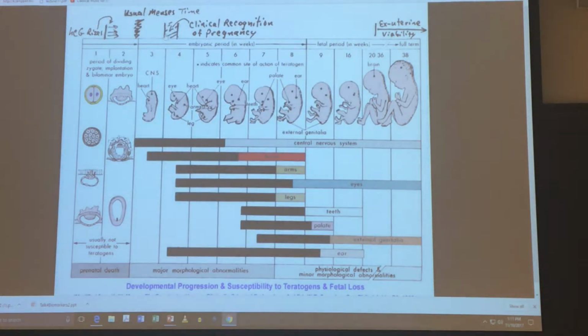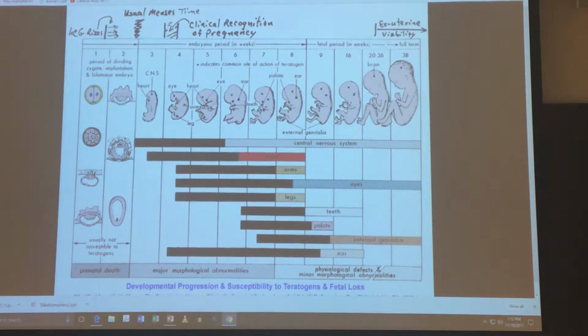So this is when clinical recognition would occur. Between this time and this time, you have what's called a biochemical pregnancy that can be detected with chorionic gonadotropin or an evaluation of the steroids, maternal steroids in circulation, because the estrogens and the progesterones are going to start going up in this period of time.